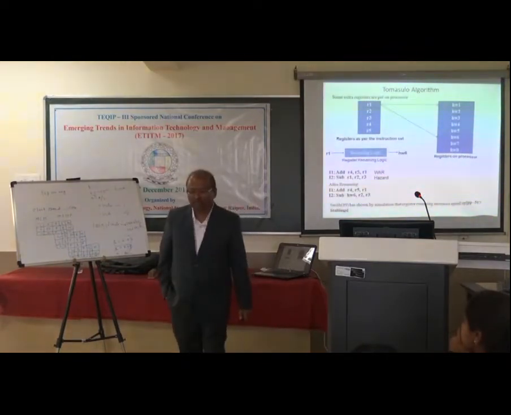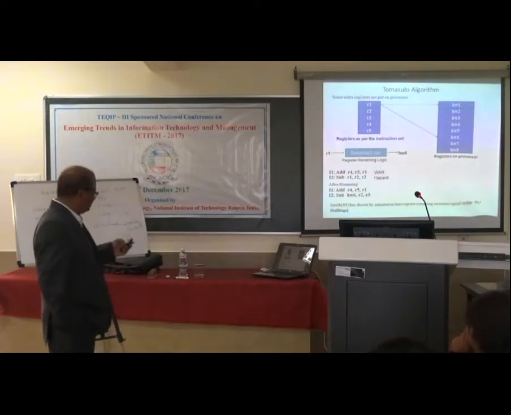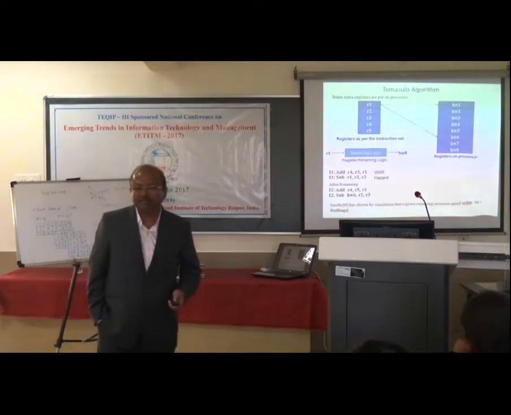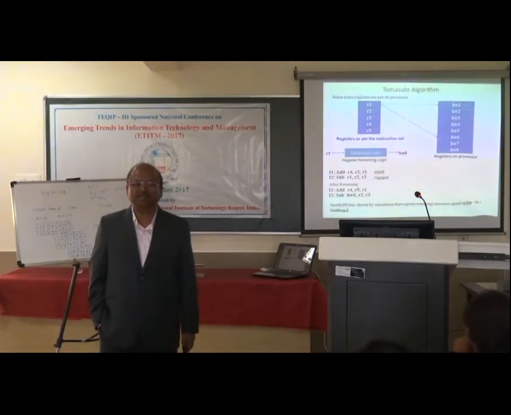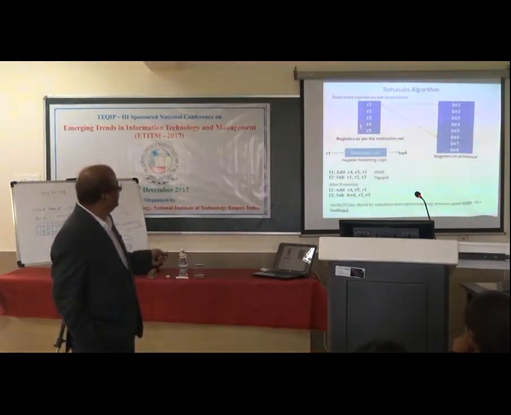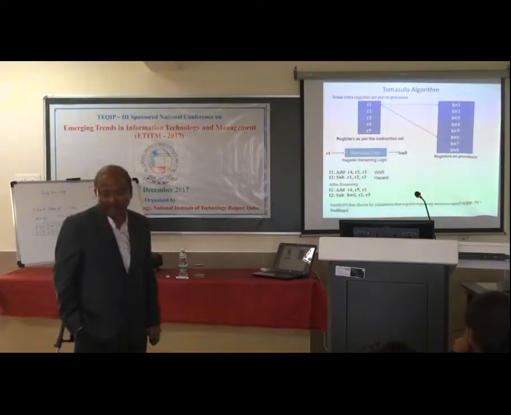So this is Tomasulo algorithm. It is like this. Some extra registers are put on the processor beyond the register file or whatever registers are present on a processor. So a few extra registers which are redundant are also added. According to the instruction set, in your processor these are the registers R1, R2, R3, 4, 5.